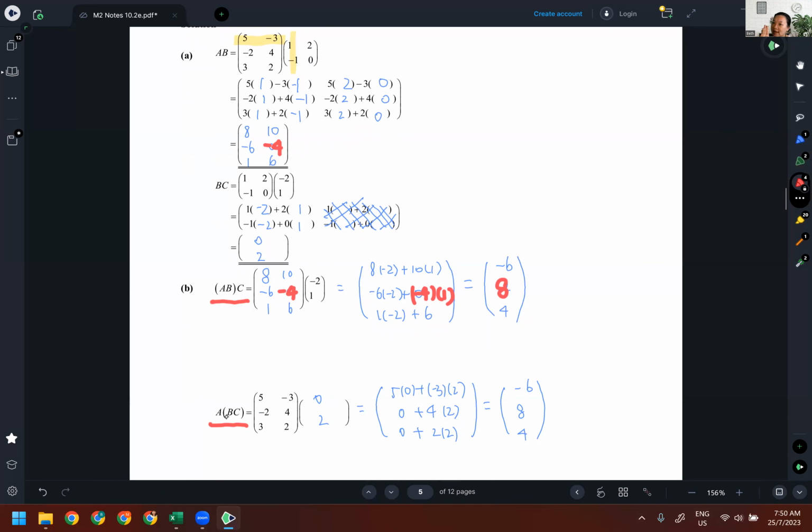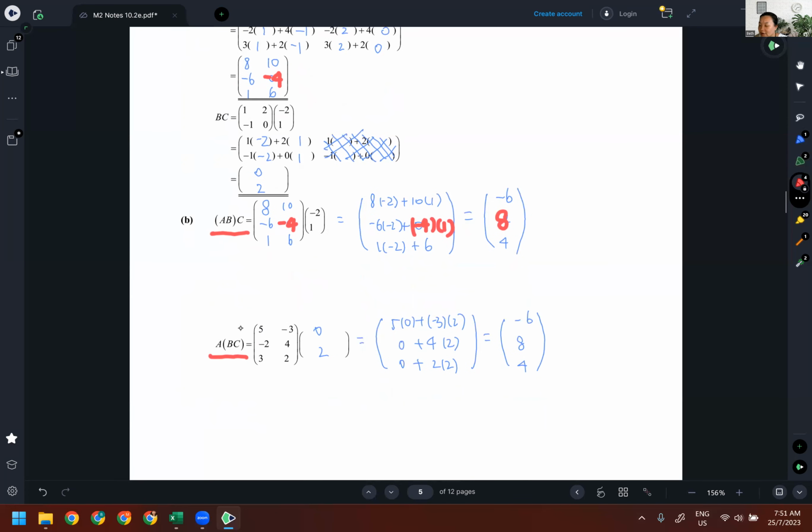I did not put A at the last. The position ABC, they still follow the same order. It's just that I sort out BC first and then multiply A, whereas in this case, I sort out AB and then multiply C.